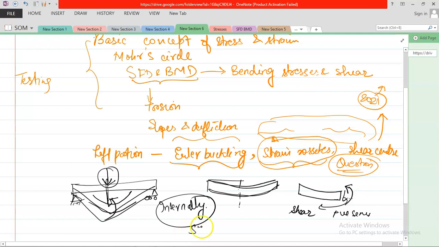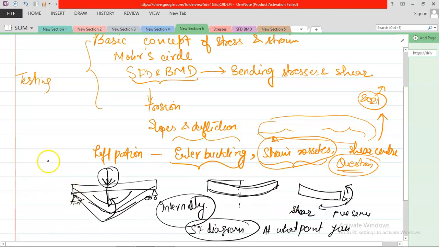So the shear force diagram and bending moment diagram are necessary. Why? Because you need to find at which location you have the maximum shear force and at which location the minimum, and also at which location you have the maximum bending moment and at which the minimum.